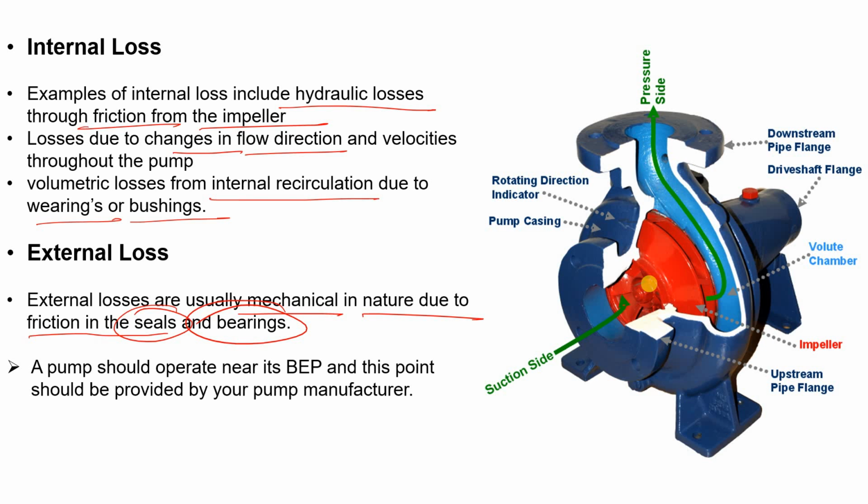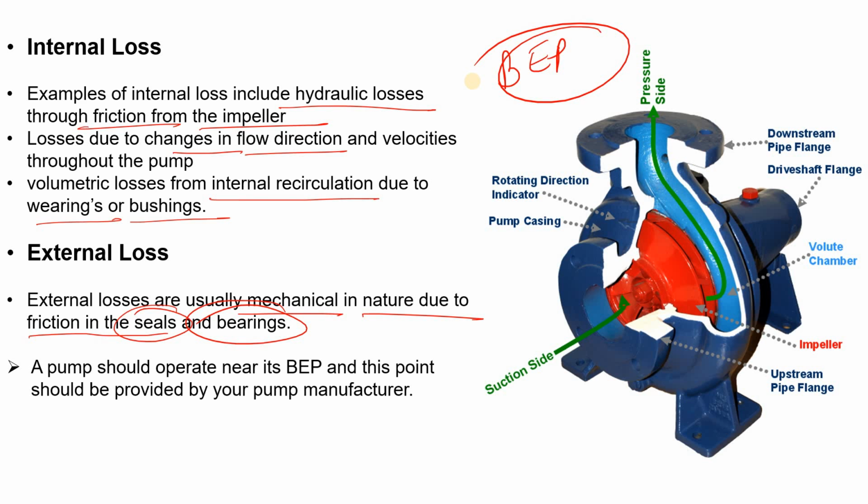Now, how do we get that BEP when you are a process engineer or rotary engineer? Mainly a pump should be operated near its best efficiency point, and this point is provided by the pump manufacturer. When you prepare the PDS, that PDS becomes the MDS or the EDS by the rotary engineer. Then it goes to the procurement department and you get the technical offer.